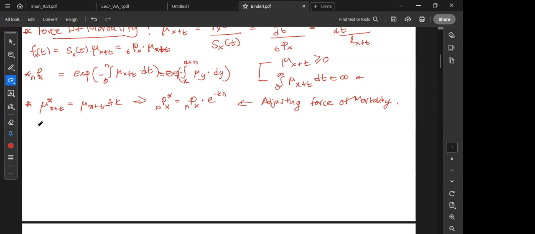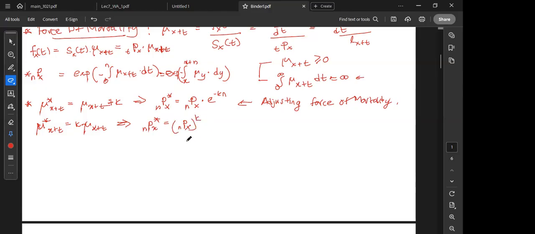And we can modify it in another way. Have the force of mortality, and I will modify it by multiplying it with the constant k. This will lead to a new survival distribution, which is defined using the previous survival distribution.